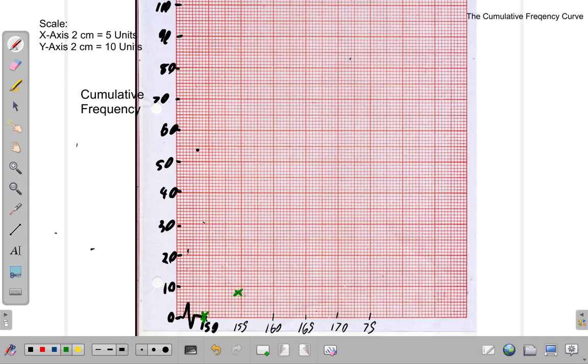So you can be very accurate in locating where your point is. So remember now, going across, each small square represents 0.5. That's going across, and then going up, the distance between each small square is 1. Just to remember.